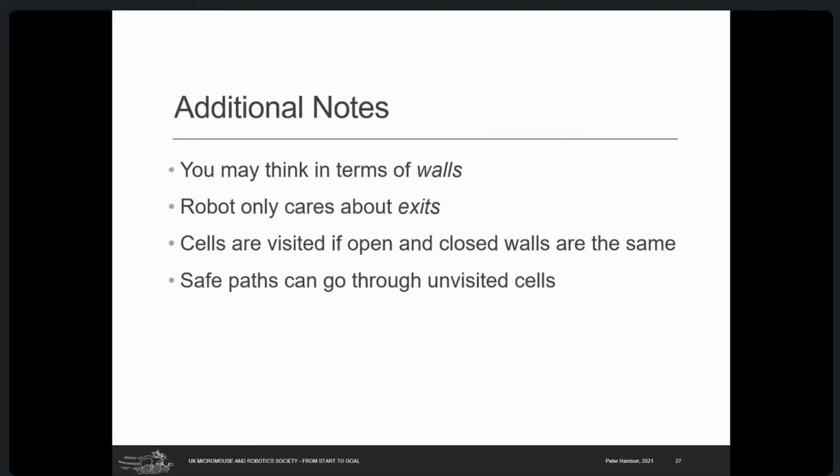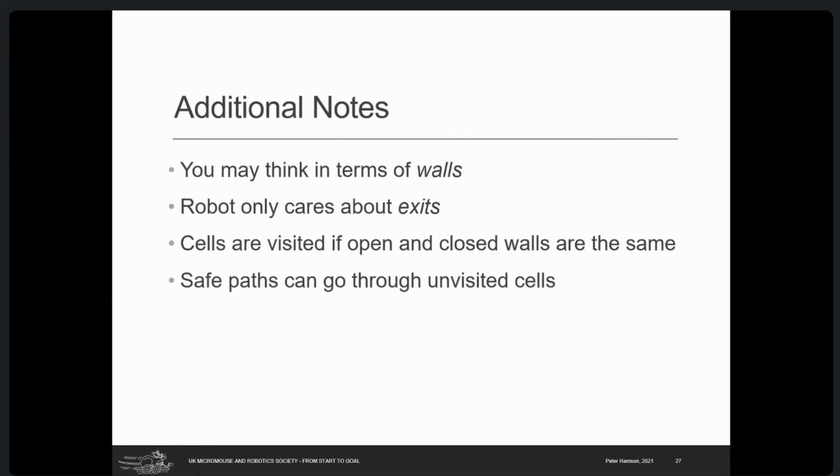If you care about whether or not a cell has been visited, and this is your homework, right? This is left as an exercise to the reader. If the open cell data and the closed cell data is the same, you have seen that cell. And you need not actually have been in it. You could have circumnavigated it and discovered that information, and it will still work.